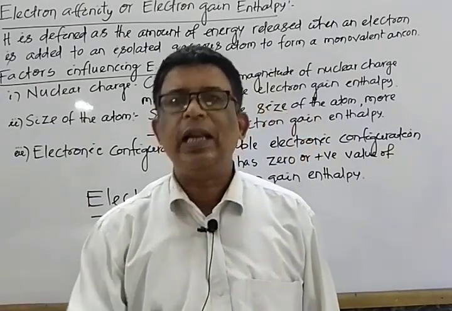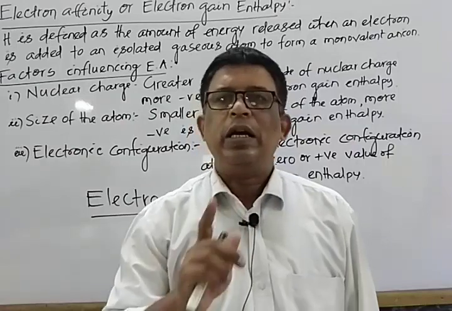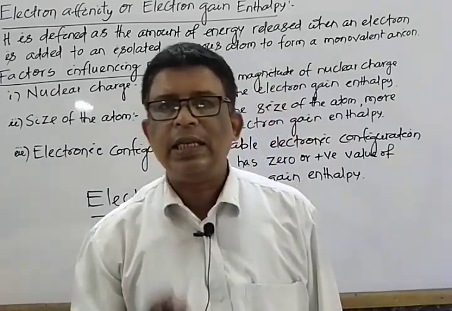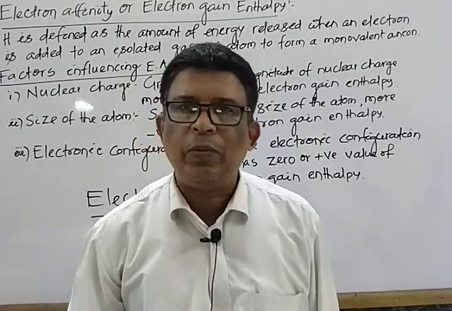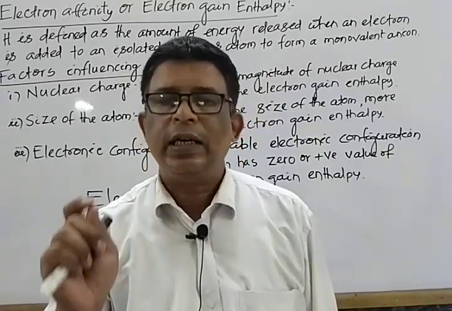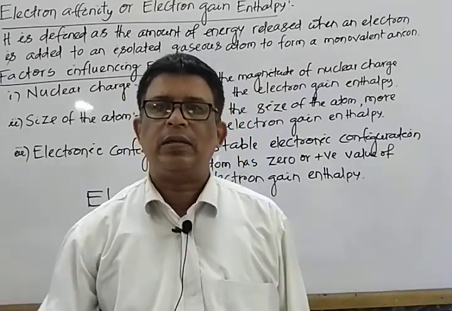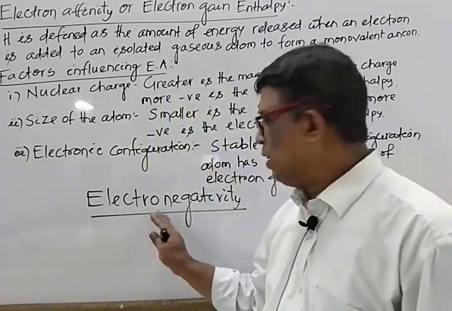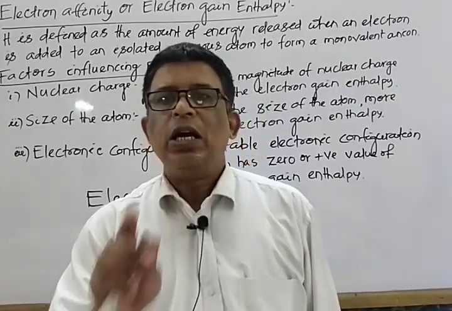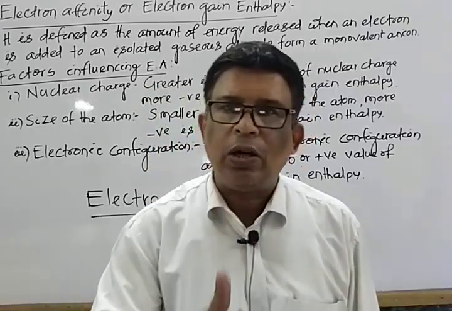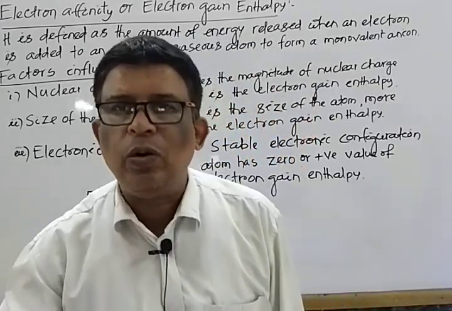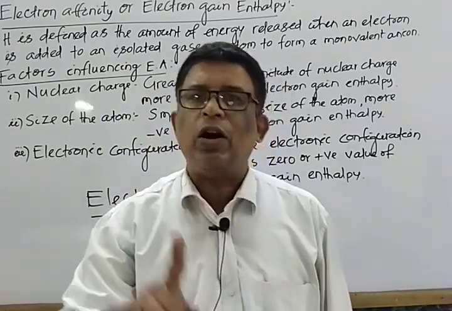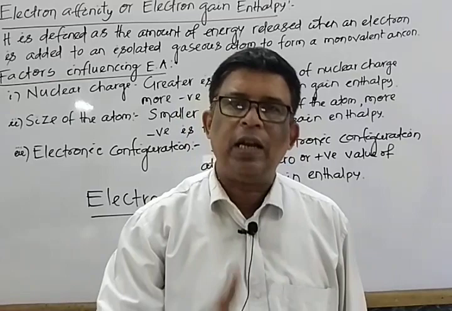The same variation is there: from top to bottom, this tendency gradually decreases, while across a period from left to right, this tendency gradually increases. I repeat again the definition. Electronegativity is defined as the tendency of an atom in a bonded molecule to withdraw the shared pair of electrons towards itself.